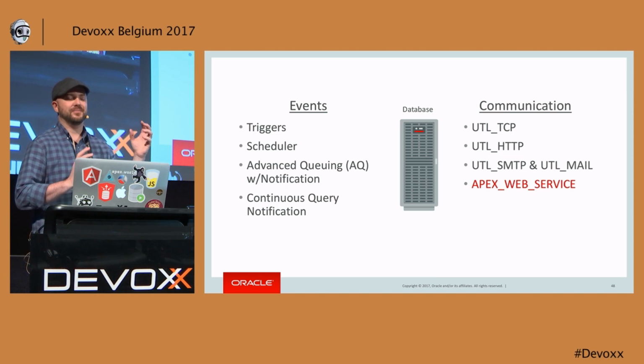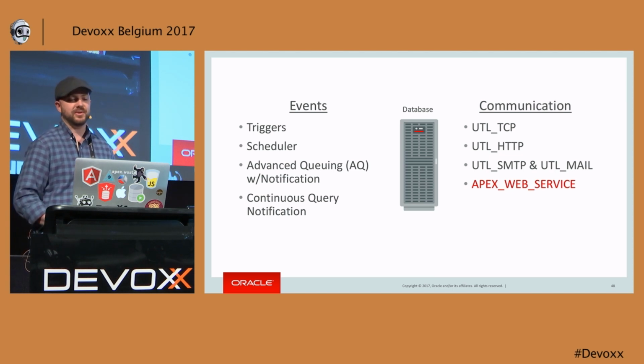This is just a rapid application development environment for Oracle, but to support that product, they add a lot of PL/SQL packages, and one of those is actually really cool, Web Service. The reason I like it, if you're doing any kind of REST communication, it's like the go-to package. It makes it super simple to do REST-based stuff with Oracle.